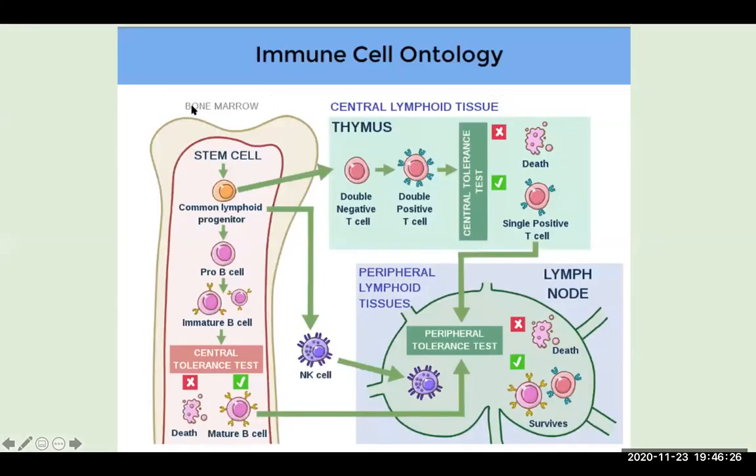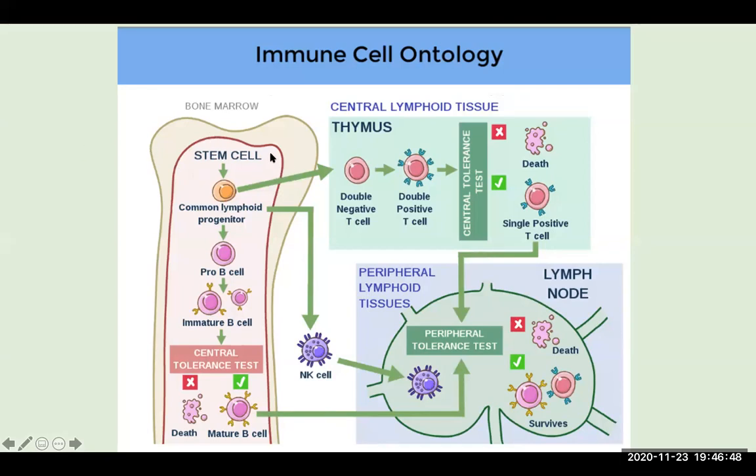Okay, so in the bone marrow, we had the stem cell, and it can make the lymphoid cells, or the stem cell could make the myelocytes that we looked at for the innate immune system. So just trying to get your perspective back here.